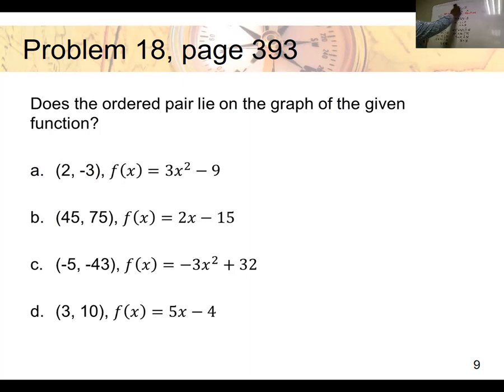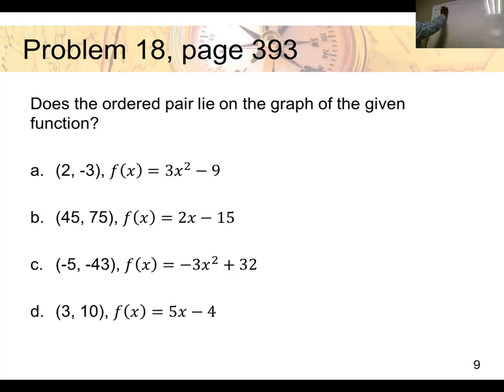So let me erase this. So here we got 2, negative 3.